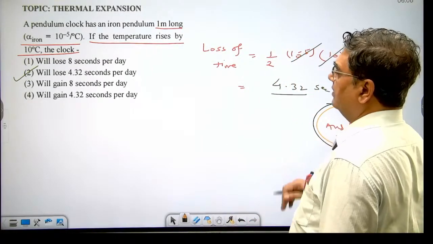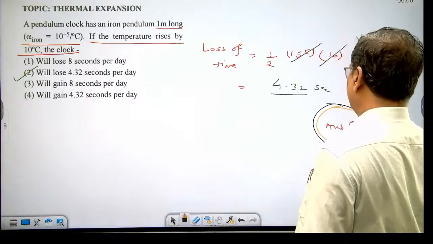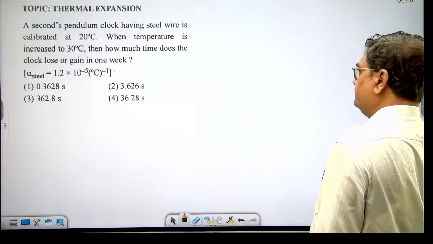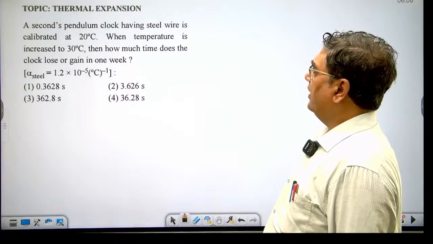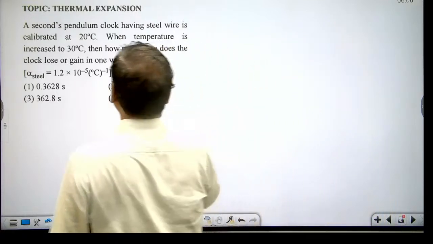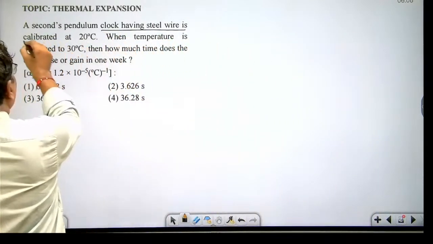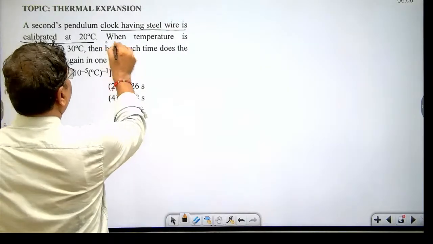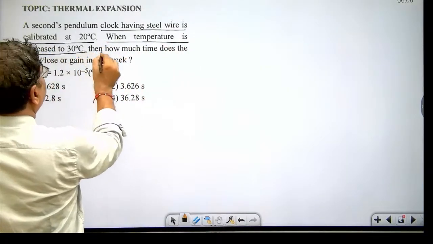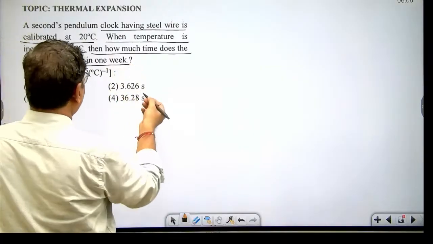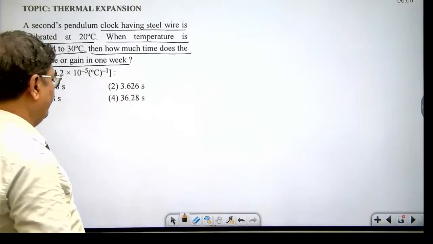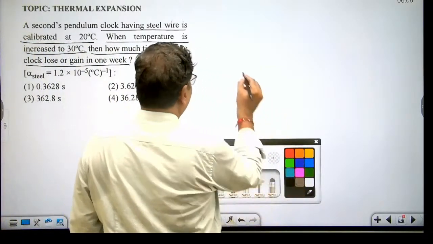It can give you 1 plus question in NEET or JEE 26. A second pendulum clock having a steel wire is calibrated at 20 degrees centigrade. When the temperature is increased to 30 degrees centigrade, how much time does the clock lose or gain in 1 week?